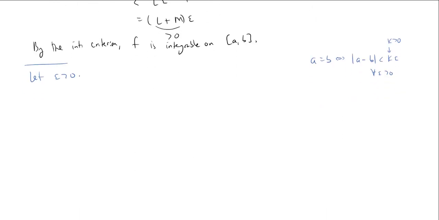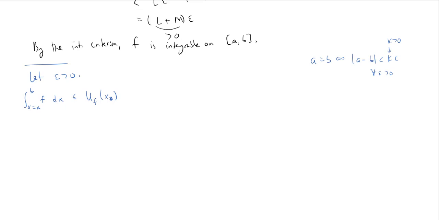Okay, so check this out. Let's start with the integral of f over AB. We know that this is less than or equal to what you would get if you just took an upper sum over some partition X, the partition we had in the first part of the proof, because these upper sums are always upper approximations.